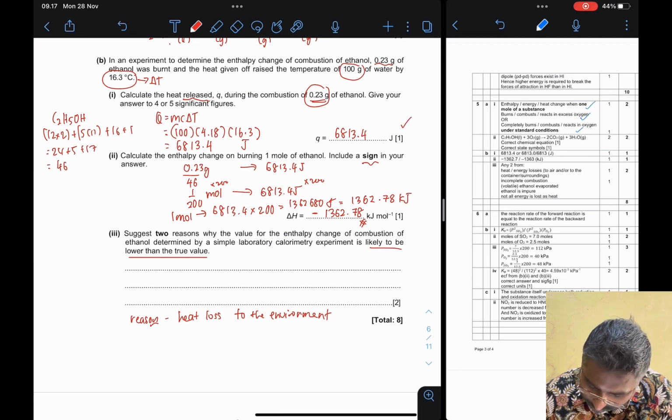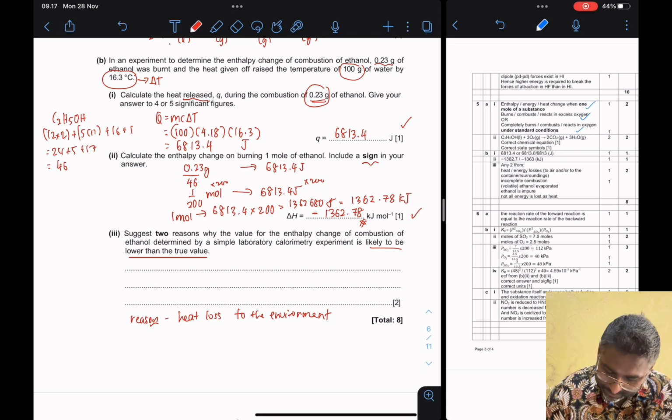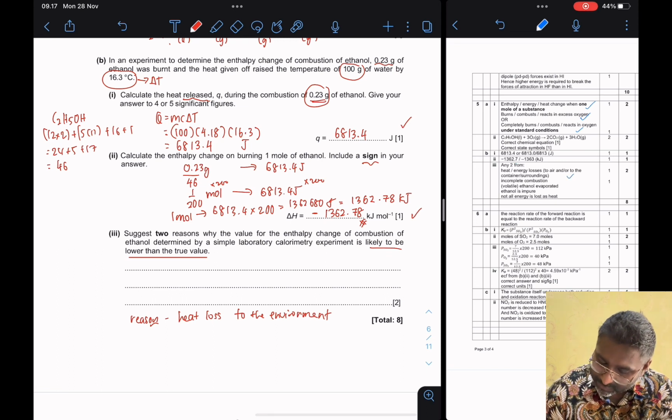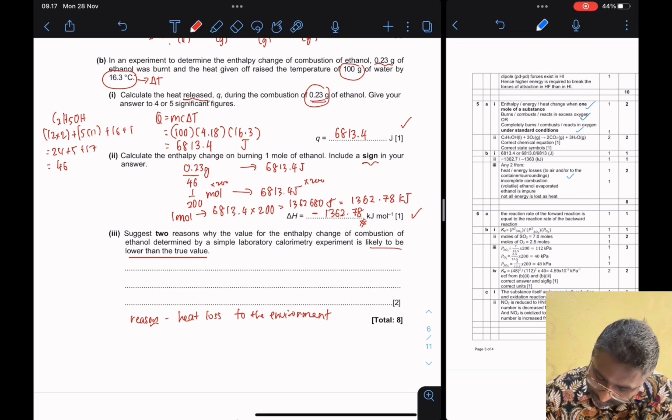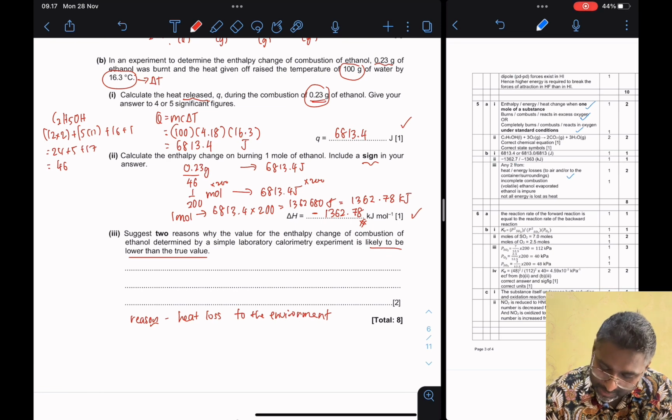This is correct, and this is going to be negative 1362.78. They put 0.7.8, supposed to be, but anyway it's correct. Now the 2 reasons: heat loss to the surrounding, and not all energy is lost as heat.